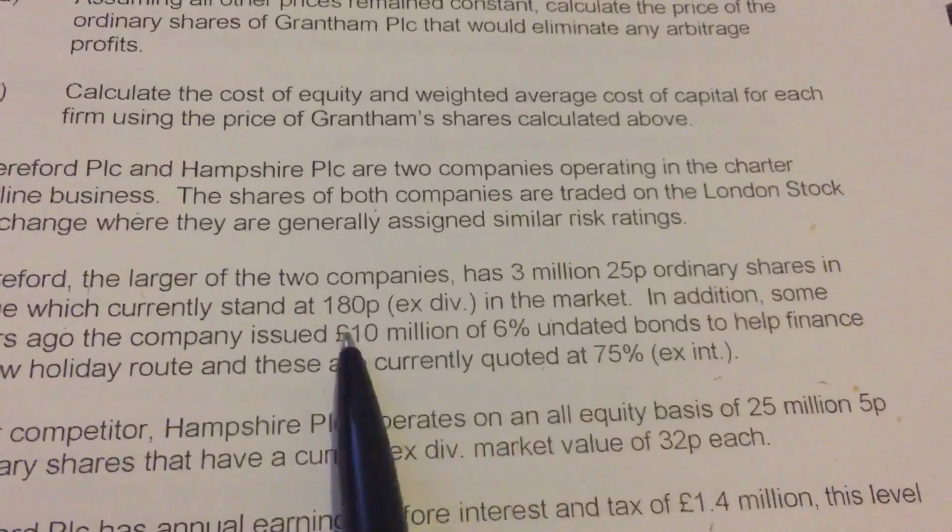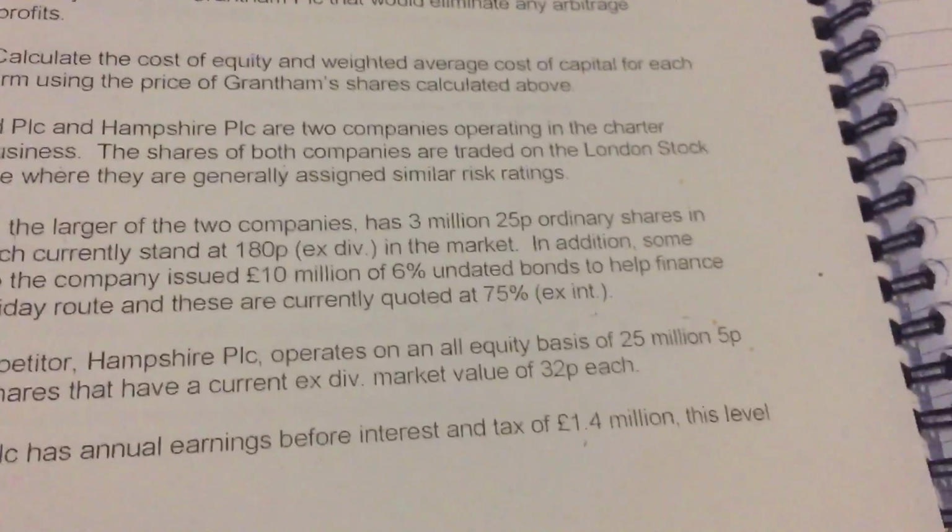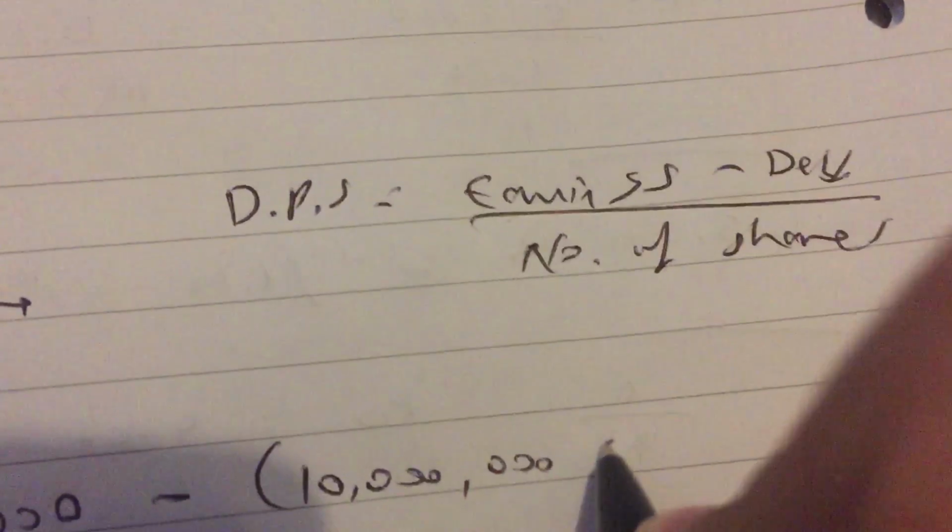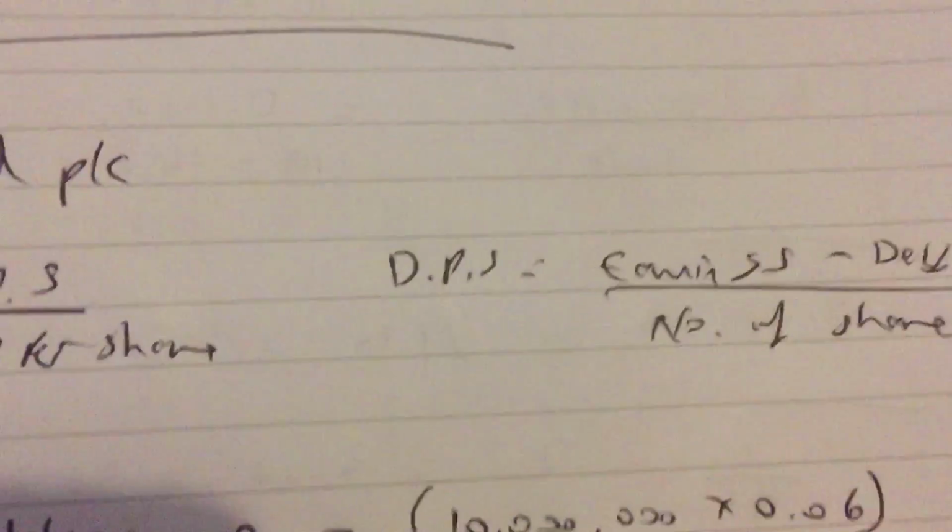So what are their debts? They have 10 million of 6% undated bonds, so 10 million times 0.06, all divided by the number of shares, and Hereford has 3 million ordinary shares.